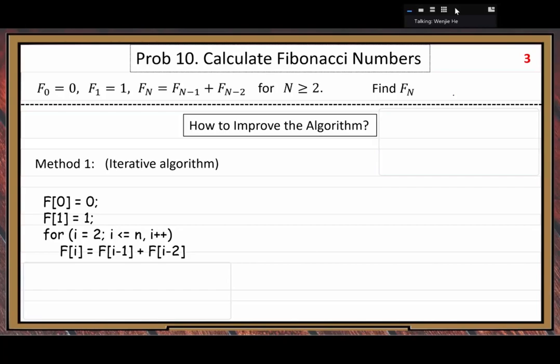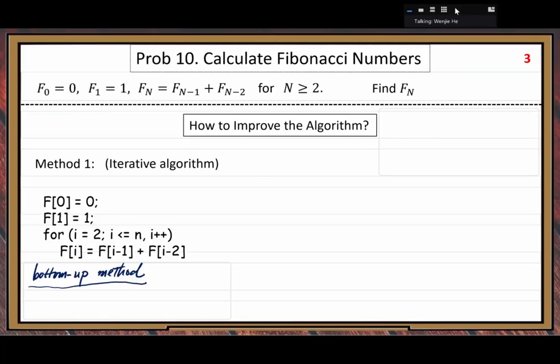You calculate from bottom to top. So the first method removes the redundancy. No redundant calculation. And this one is very fast.